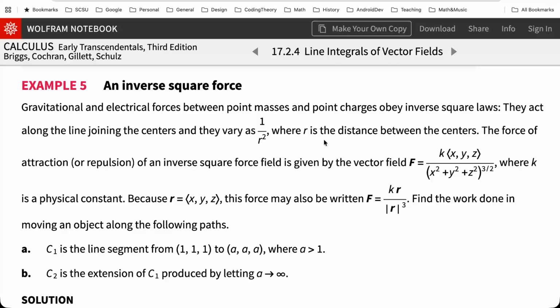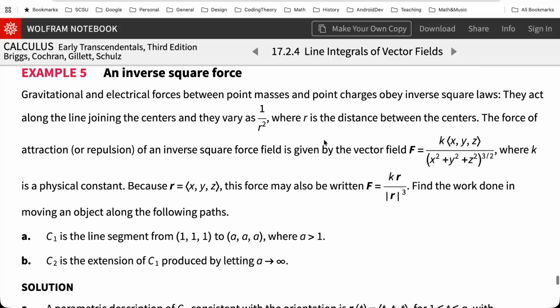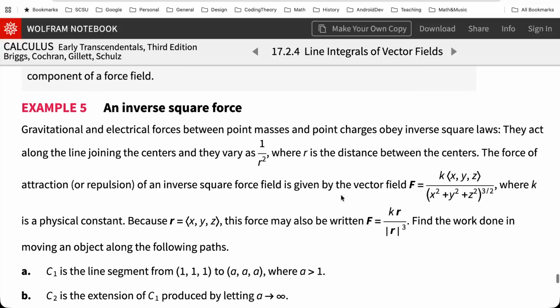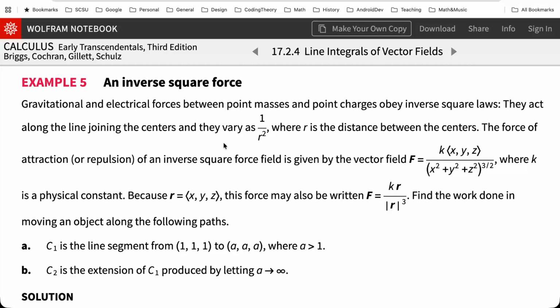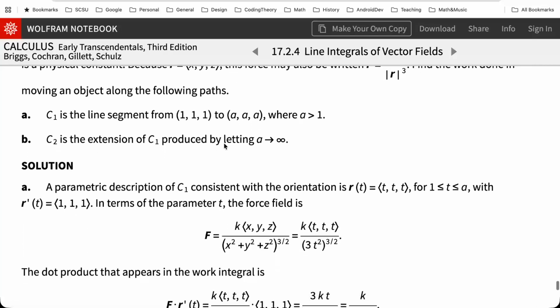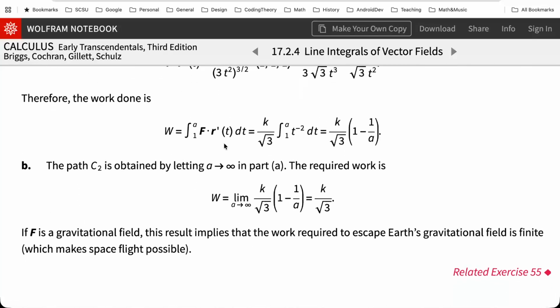And so this is having us think about what kind of integrals we get out of looking at those kinds of force fields that get weaker as the square of your distance from the center of the field. So yeah, take a look at that. It's got a pretty reasonable setup to read, and the solution is given in pretty good detail. So you should try to run through that.